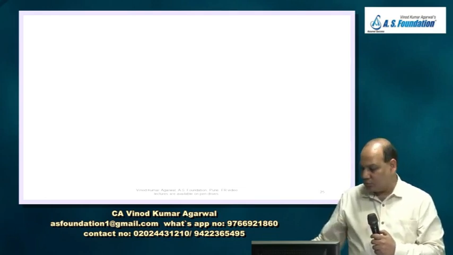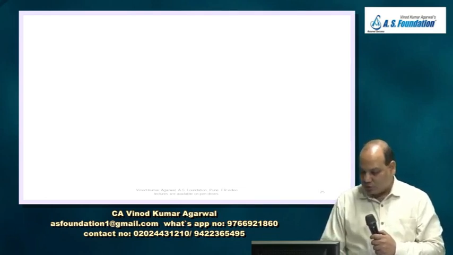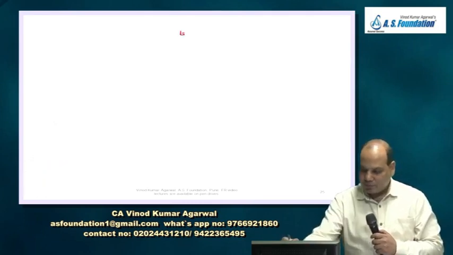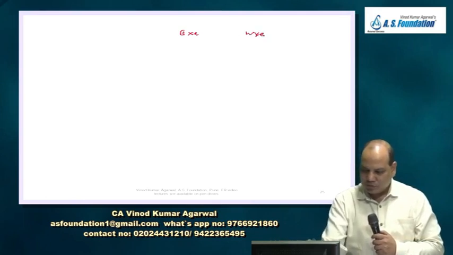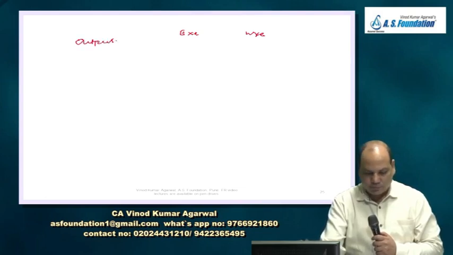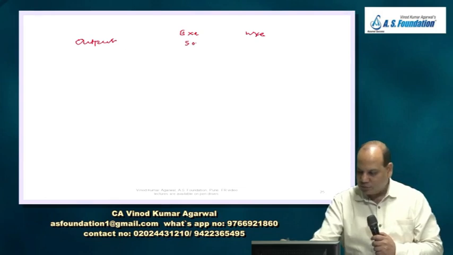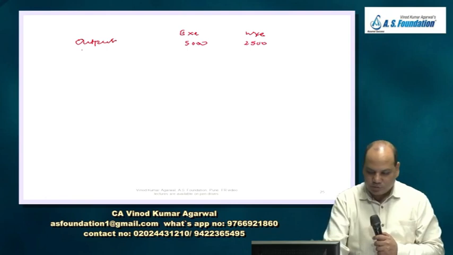So what you will do, you'll first find out the relative sales value of X and Y. What is the output you have produced? 5,000, and in the exam write in detail like this, it is printed in your notes.